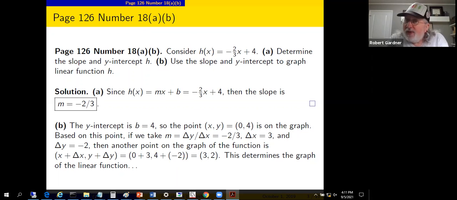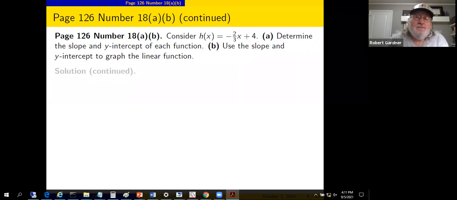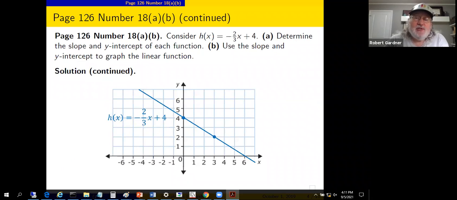So we've got 2 points. Given 2 points, we can graph the function. Here's the intercept, (0, 4). Here's that other point we found, (3, 2). Given these 2 points, then the graph of the line must look a lot like this.